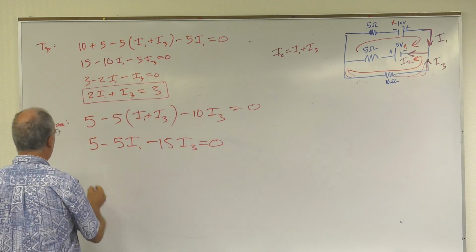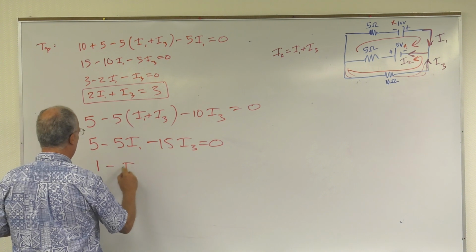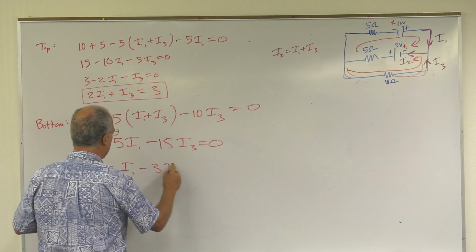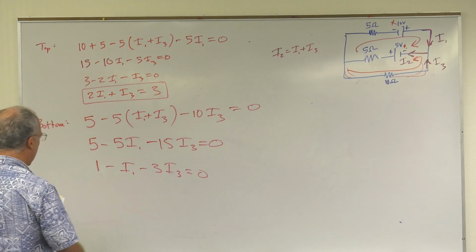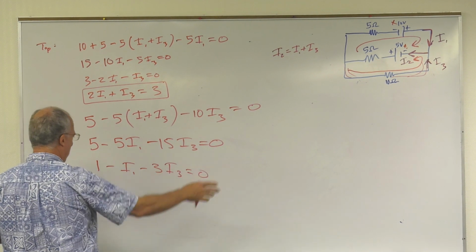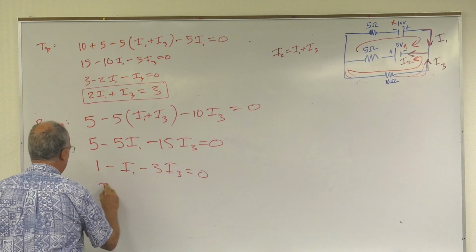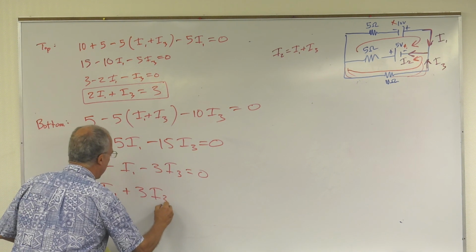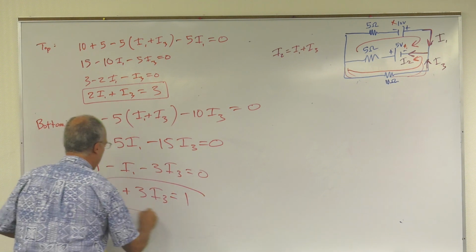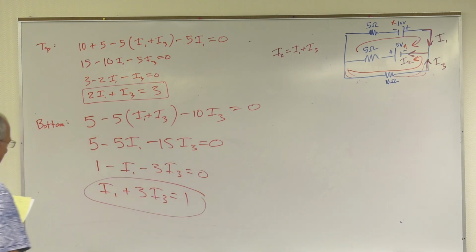Divide by a 5. We have a 1 minus an I1 minus 3 I3 equals 0. Let's make it look nice, so get rid of those negatives. So I have I1 plus 3 I3 equals 1. Okay, so we have two equations, two unknowns.